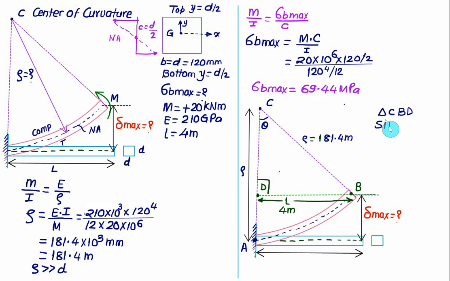Sin theta is equal to the opposite length L divided by the hypotenuse rho. L is equal to 4 meter, so we have 4 divided by 181.4. Naturally this value is very small. So angle theta will come out to be 1.26.